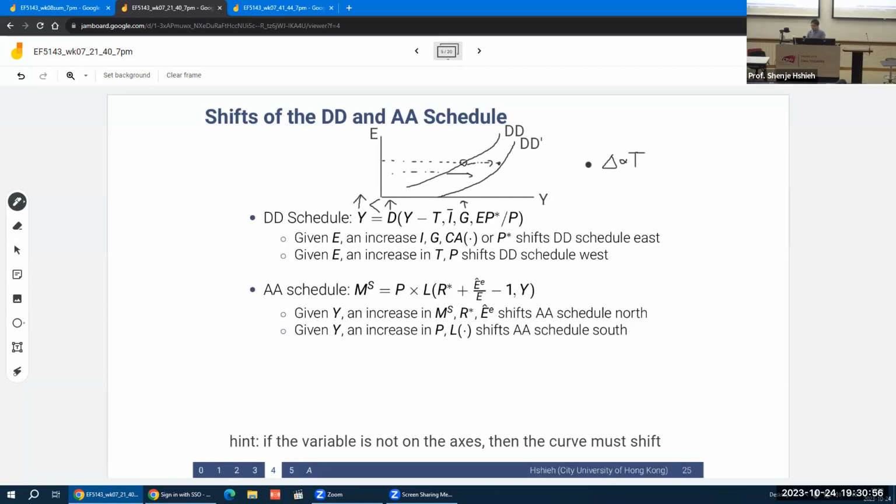All right, so if I cut taxes, right, minus delta T, or I increase government spending, that can boost D, correct? And the logic is the same. So decreasing taxes is going to shift D to the right. Increasing taxes is going to shift it to the left.